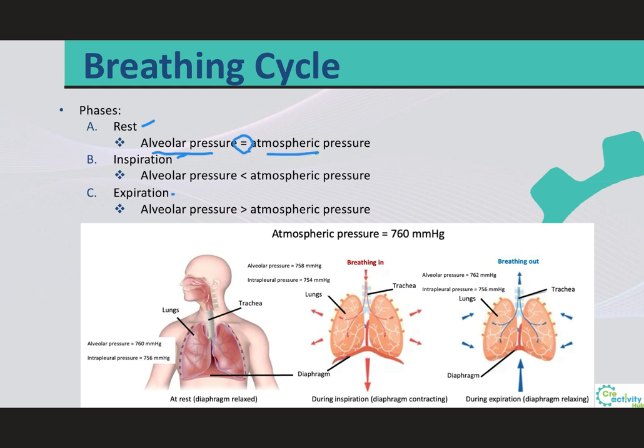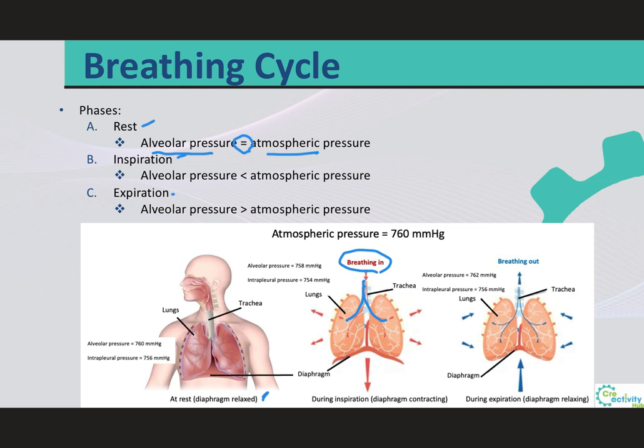And because a pressure gradient does not exist between the atmosphere and the alveoli, the air does not flow into or out of the lungs. It basically stays stationary. Now, during inspiration, which is also called inhalation, when you're breathing in air, the air will flow into the lungs.